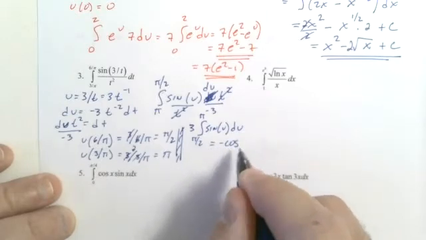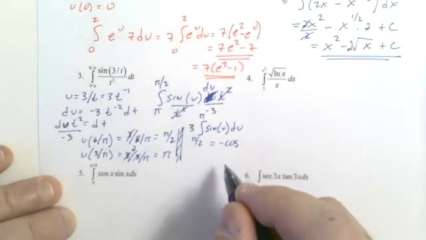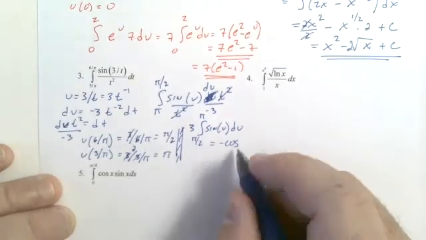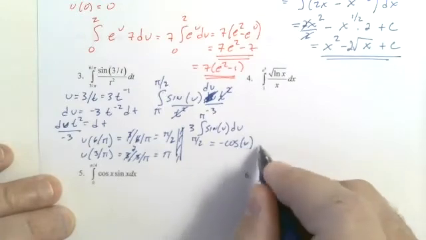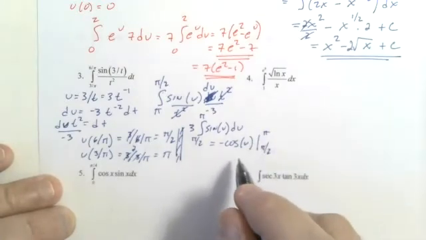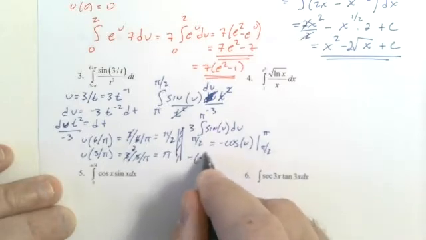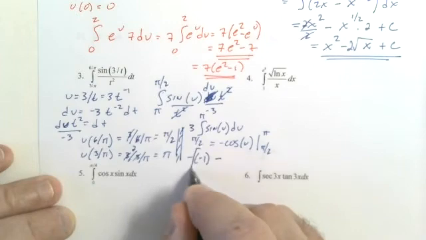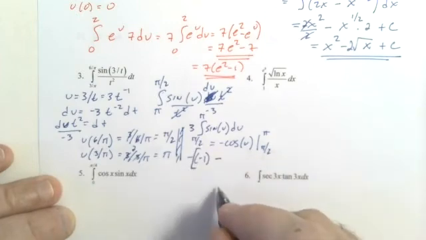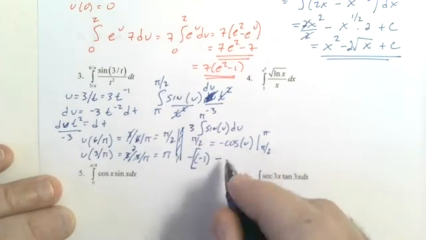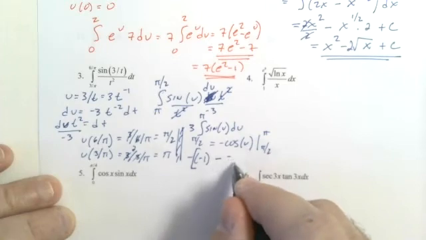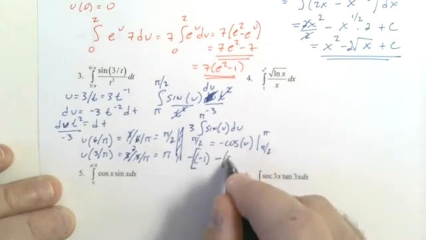Negative cosine of u from pi over 2 to pi. Cosine of pi is -1, so -1 minus cosine of pi over 2 is 0. Keep the negative up front, so just leave it in there.